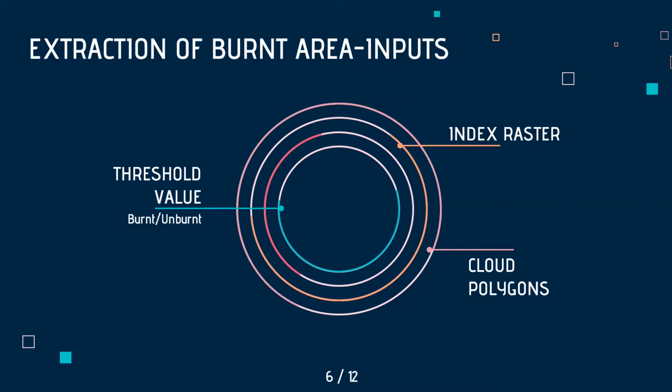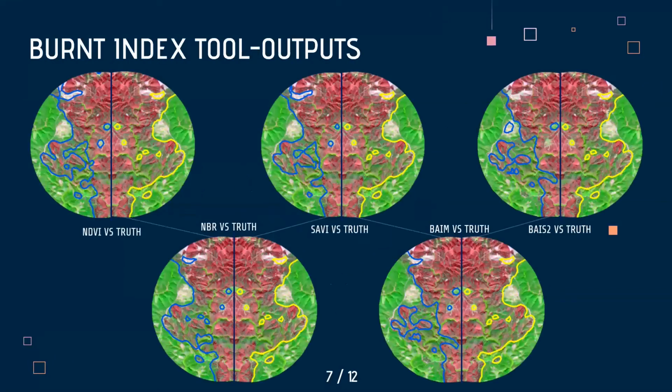In order to avoid false positives caused by clouds, smoke, and shadows, it's also possible to use as input for the plugin a shapefile of these elements that will be used as erasing feature on the extracted burnt area. So this is the output of the plugins.